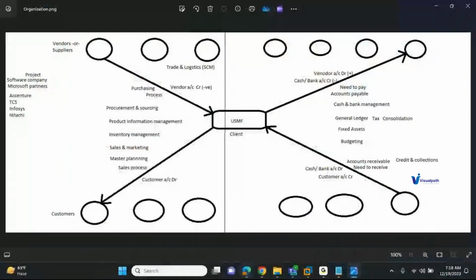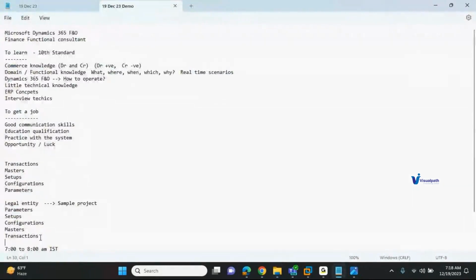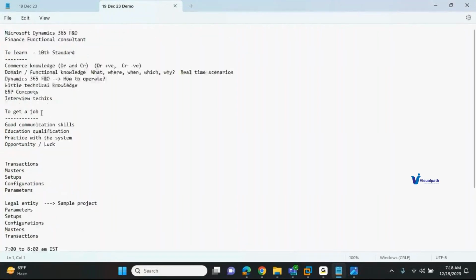There are three options for environment access, because if you want to learn, you need to practice this application, practice with the system. That's the question.